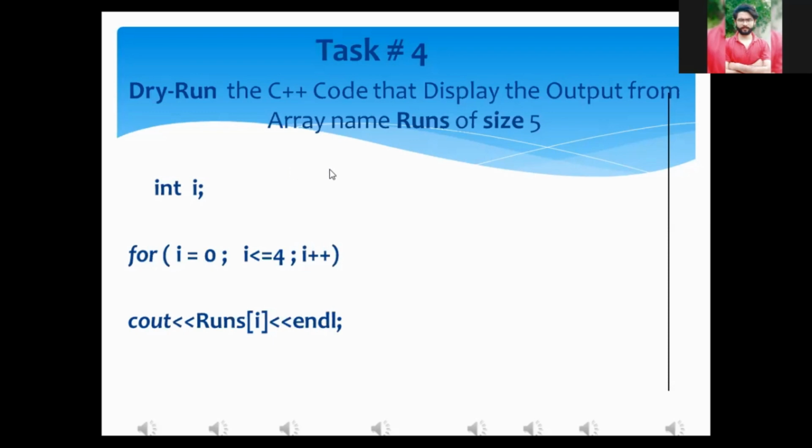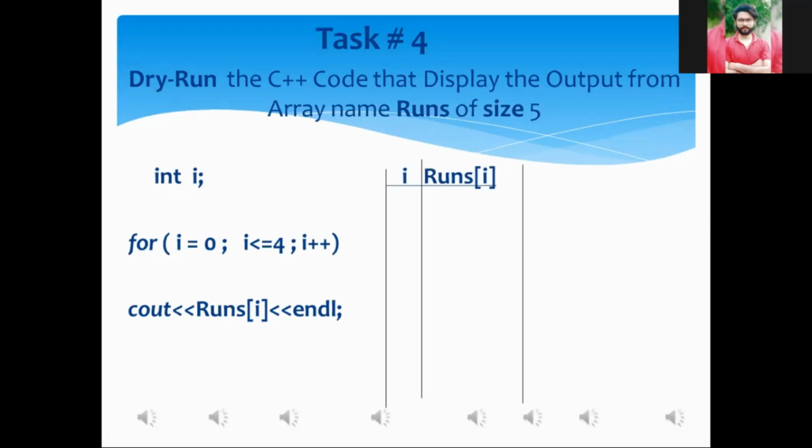To dry run this code, we need to draw 2 columns over here with the headings I and runs within square bracket I. The very first column, headed I, is for the loop variable.